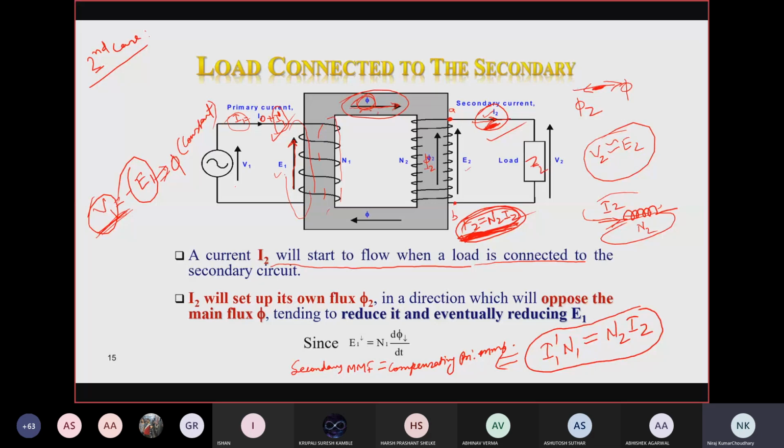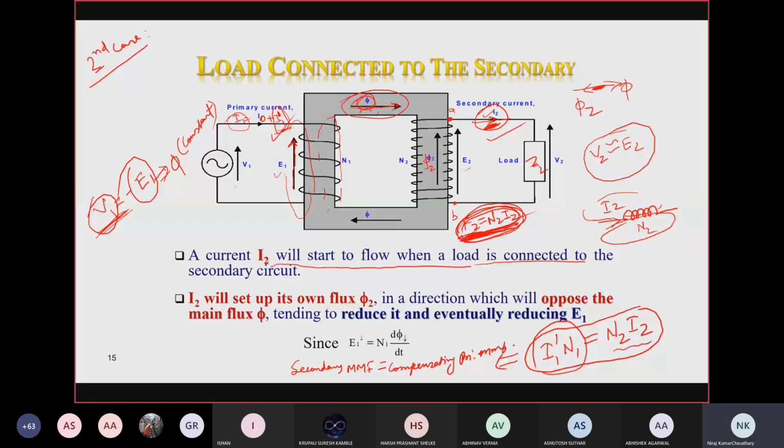तो अगर हम I1 dash की वजह से जितना MMF हो रहा है, that is I1 dash N1, and if this MMF is able to compensate the demagnetizing effect of the secondary MMF, that is N2I2, then your core flux will remain constant, right?